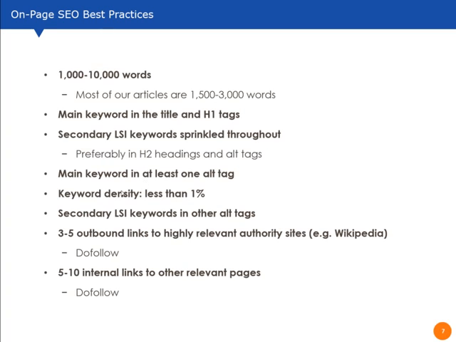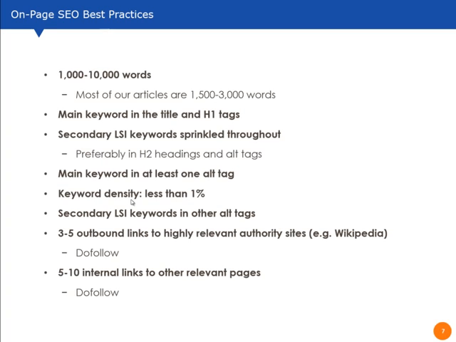Your keyword density really should be kept quite low. You don't want to be using it 10 or 20% of the time throughout your article. Less than 1% really is sufficient. So if you have a 1,000-word article, using the primary keyword 10 times is a lot. You want to use it less than that.